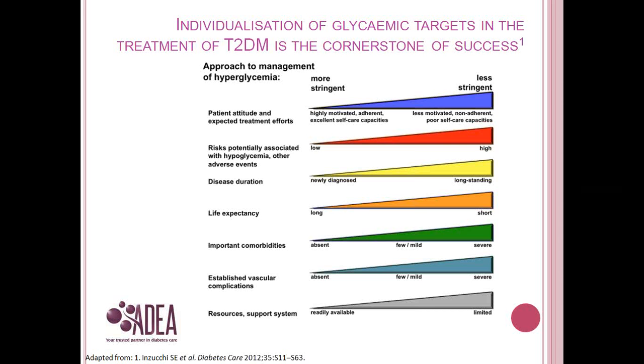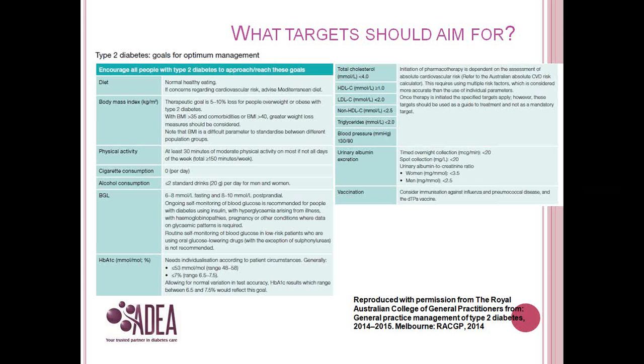They actually have lives, and you have to incorporate your thinking on how you're going to manage those patients, around not only glycemic targets but other targets, by addressing some of those factors which are clearly outlined there. And some of them will affect whether the targets are less stringent or more stringent. Thank you.